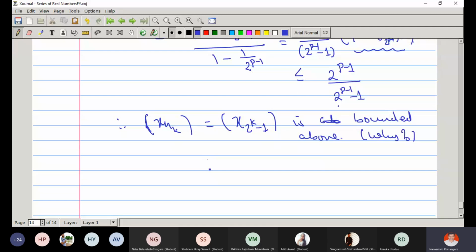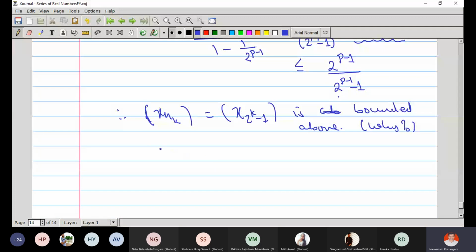Very good. Now, is it convergent? Why? Because of the monotone convergence theorem: x_nk itself is monotonic increasing.